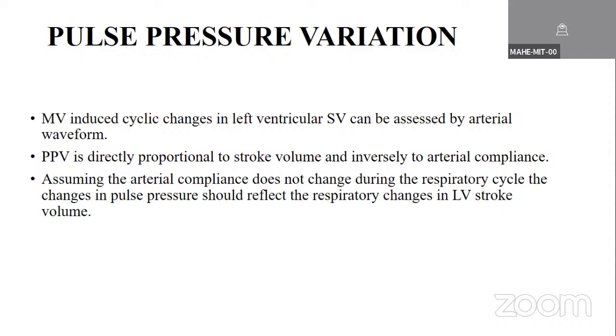The pulse pressure variation is directly proportional to the stroke volume and inversely related to the arterial compliance. We assume that the arterial compliance does not change with the respiratory cycle, and the changes in the pulse pressure should reflect the respiratory change in the LV stroke volume.